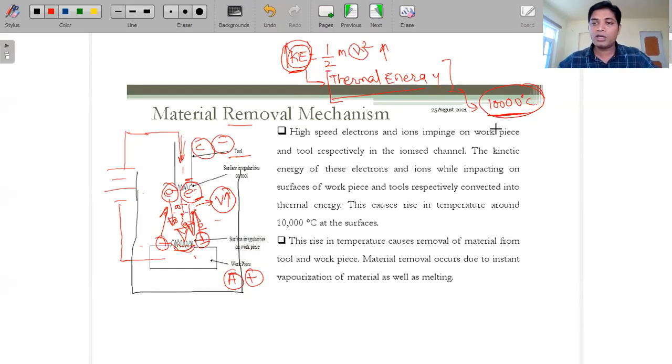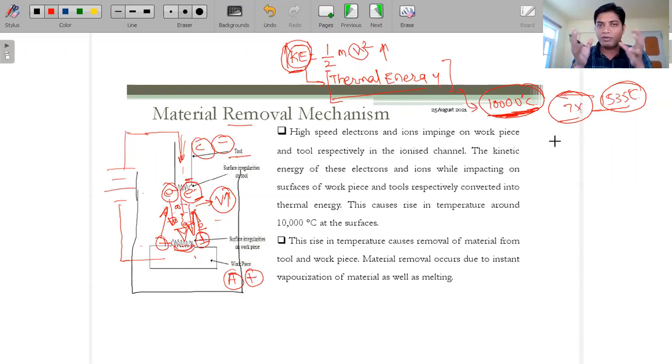It means that if we simply talk about steels, steel has a melting point of 1535 degrees centigrade. So if you talk about 10,000 degrees centigrade, this is in the range of 7 to 8 times. In this case the steel will not only melt, but it will be vaporized.